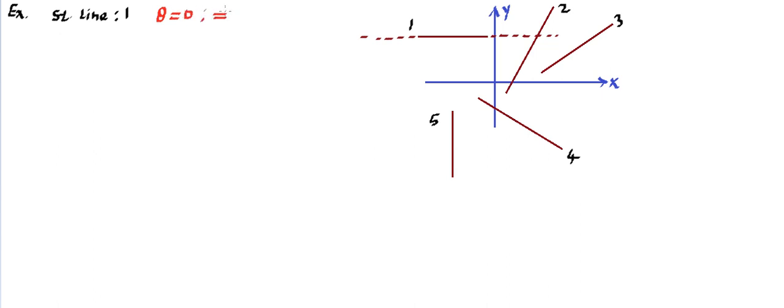Slope is tan theta, so it becomes tan 0, and tan 0 is 0. That means it will have a 0 slope. So from here we have one concluding point: whenever we have a straight line parallel to the x-axis, that means a horizontal straight line, its slope is 0. Very important point.